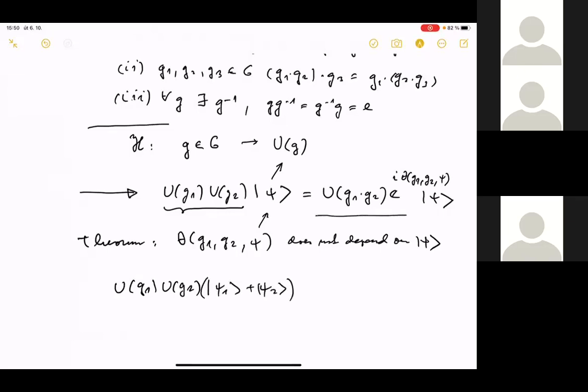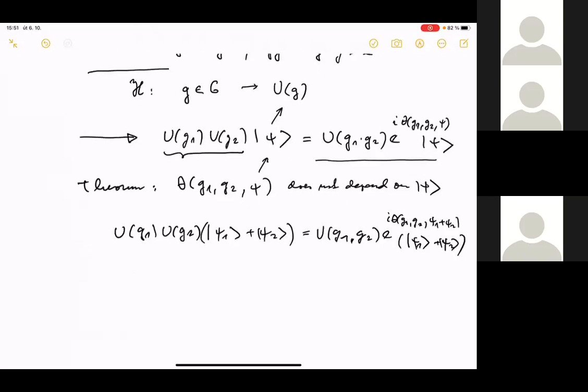According to this composition rule for these two symmetries, we get on one hand U(G1 times G2) times a phase, which depends on G1, G2, and psi1 plus psi2, acting on psi1 plus psi2. And the second possibility for rewriting this left-hand side is to use that this operator is either unitary or anti-unitary, and that means that we can write it as UG1 UG2 acting on psi1 plus UG1 UG2 acting on psi2.